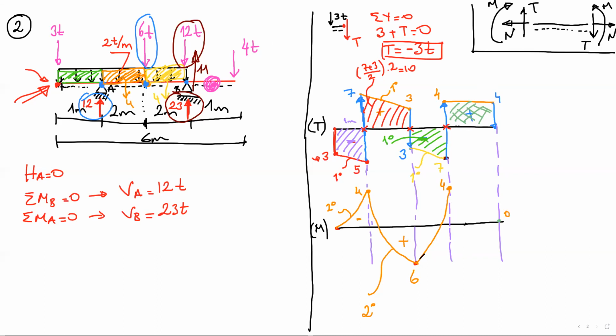We will connect these to each other with a line because we have a horizontal line here. We can connect these 2 points with a line, a first degree curve. This part is negative, and here the bottom region is positive.